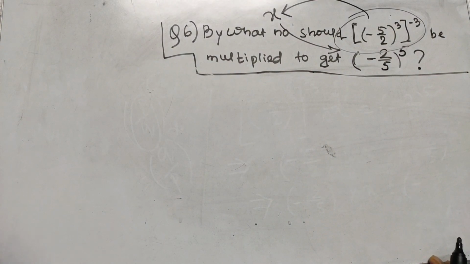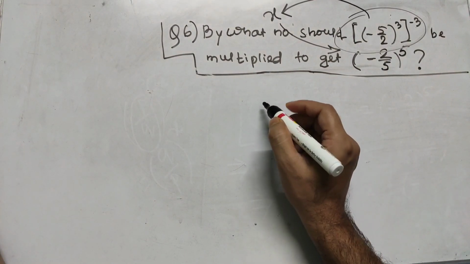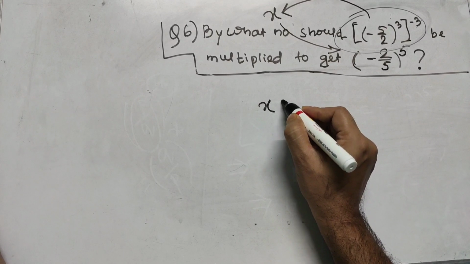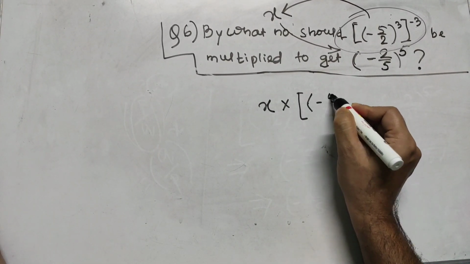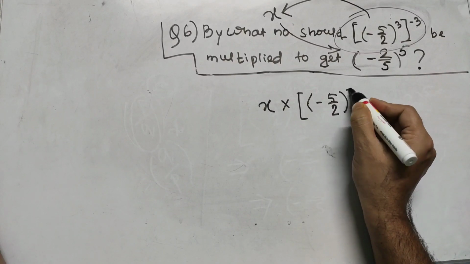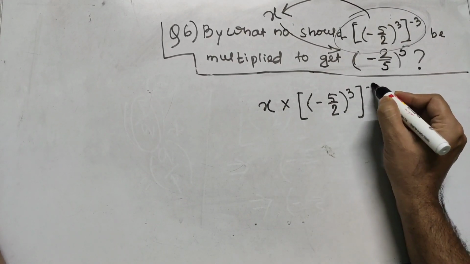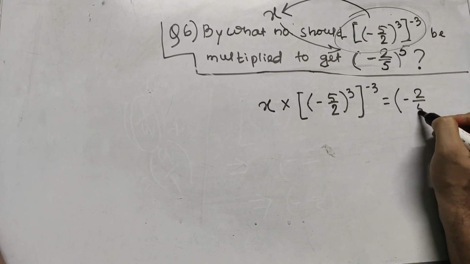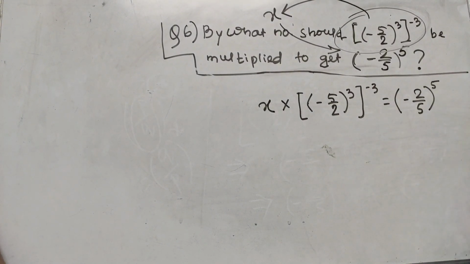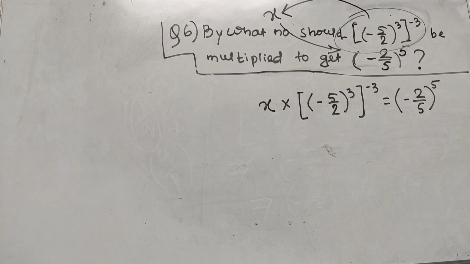Let's write x into, within the first bracket, (minus 5 by 2) cube to the power minus 3 is equal to (minus 2 by 5) to the power 5. So let's calculate this.